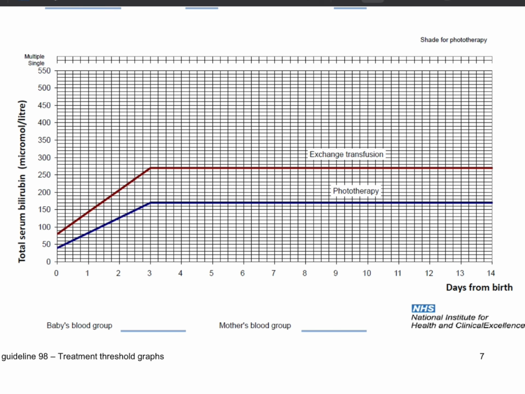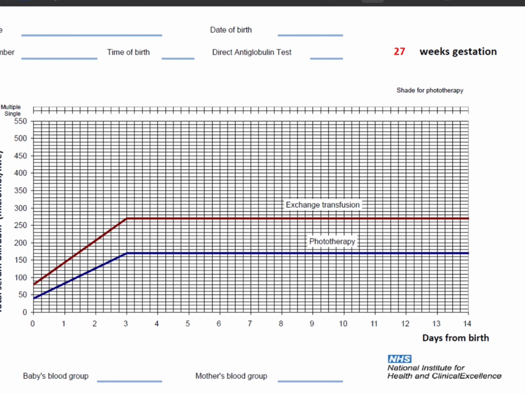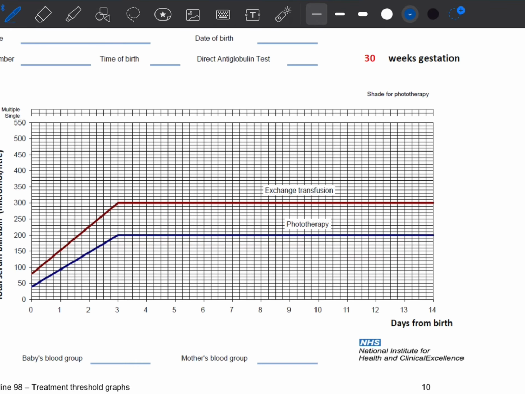Now, this is the chart, and if I give you a scenario, suppose there is a 30 weeker baby, and the baby is currently 25 hours old with a bilirubin value of about 250 micromole per liter.